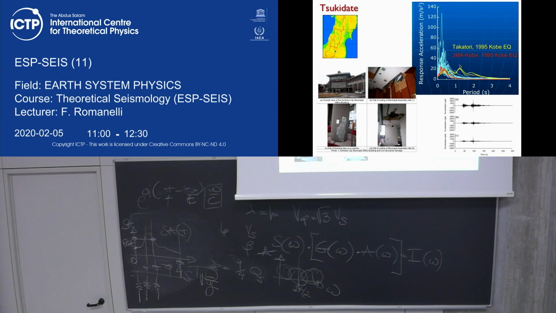It was a much smaller magnitude, but it destroyed Kobe with thousands of victims. And look at the response spectra of a Kobe event. You see this peak here? That is the most hazardous because most of the buildings have a resonance between 1 and 2 seconds.